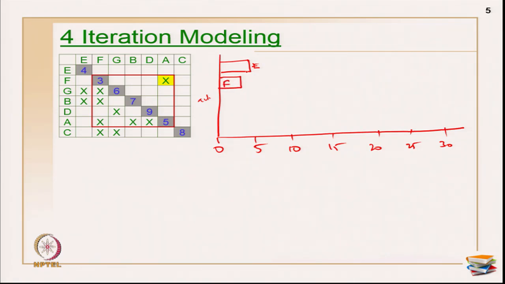So, after F I have to do my G and activity B, and both are actually dependent on F only, and they are both parallel activities. So, I am going to do my activity G and my activity B, okay. So, primarily 3 plus 6 is 9.